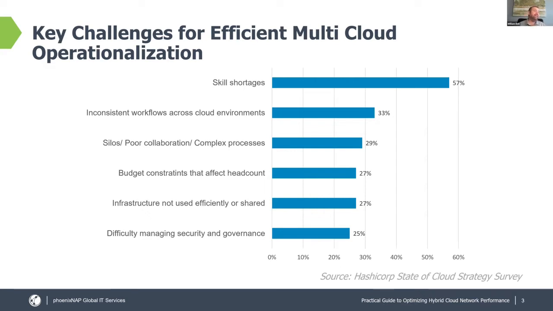And really, I was talking to the group yesterday, we were preparing for this chat, and ultimately the source, this HashiCorp State of the Cloud survey was done middle of last year, and they identified skill shortages as being the number one blocker to multi-cloud operationalization and hybrid cloud adoption. I think everybody on this call probably understands that it's worse now, right?